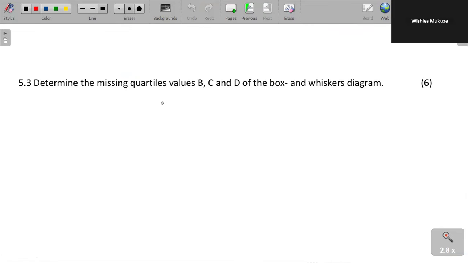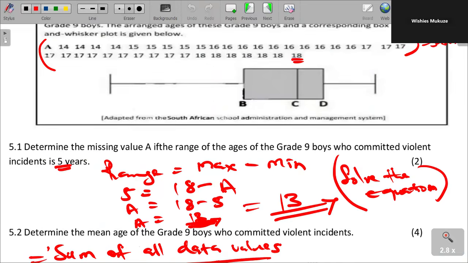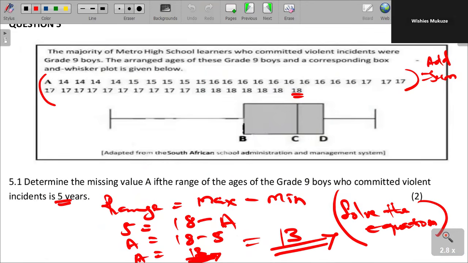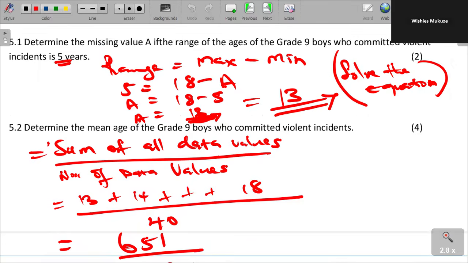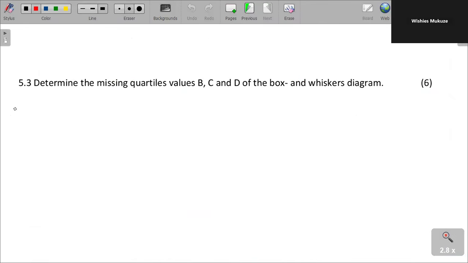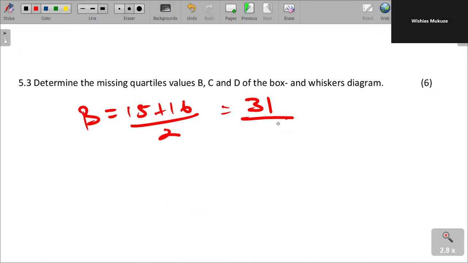B is equal to 15 plus 16 divided by 2, which is equal to 31 over 2, which gives us 15.5.